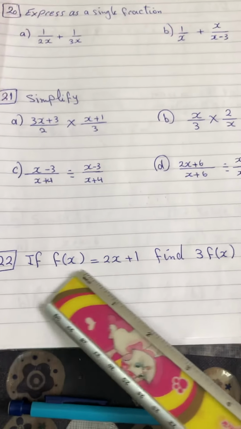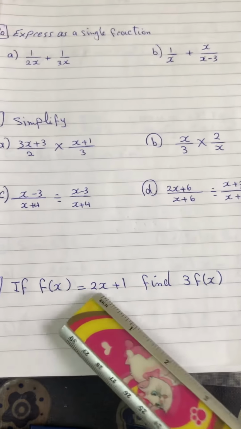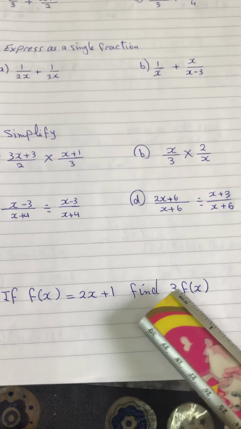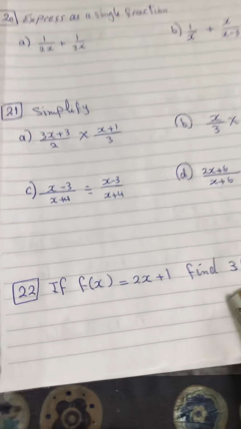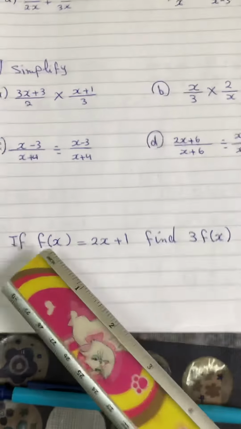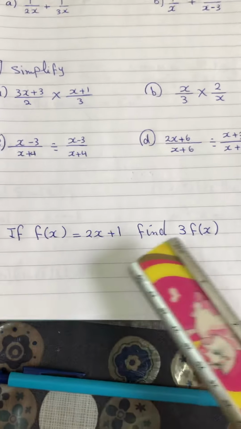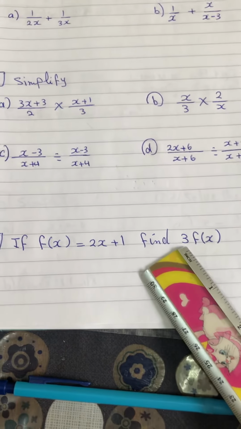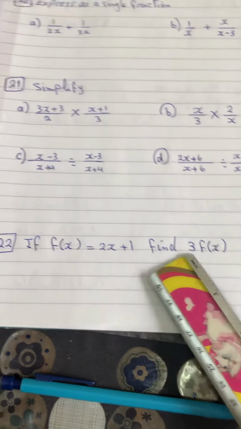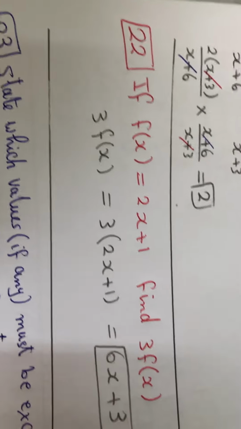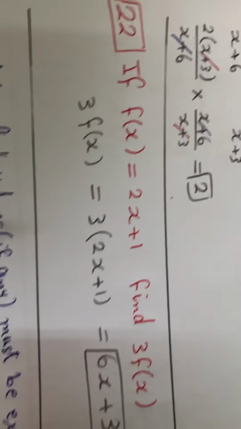Question number 22, we have a function. If the function f of x is 2x plus 1, find 3f of x. Very, very, very easy. This is f of x. I will multiply it by 3. Is it difficult? I think it is not difficult. Okay, so the answer will be like this. 3 times f of x. So this is the 3.